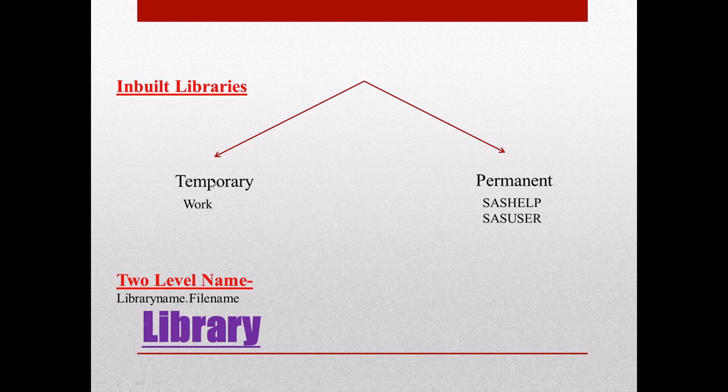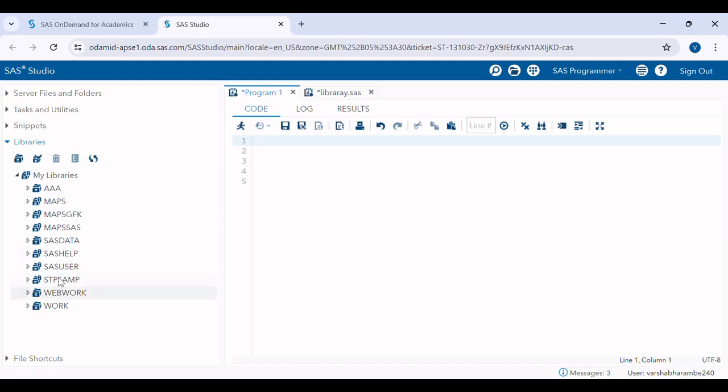By default, work is a temporary library in the SAS environment, and libraries like SASHELP and SASUSER are permanent libraries. These are all the default permanent libraries in the SAS environment, and work is the default temporary library in SAS.